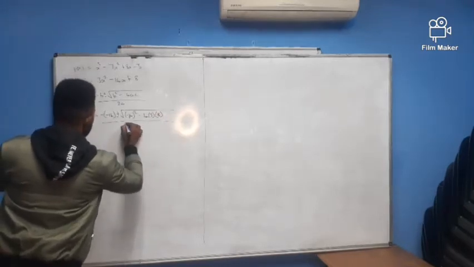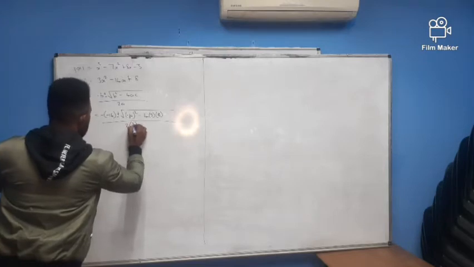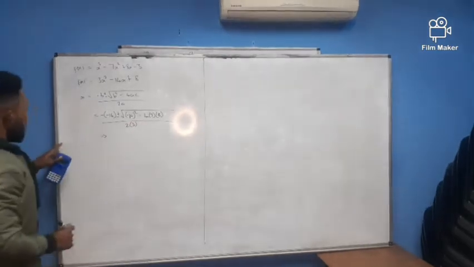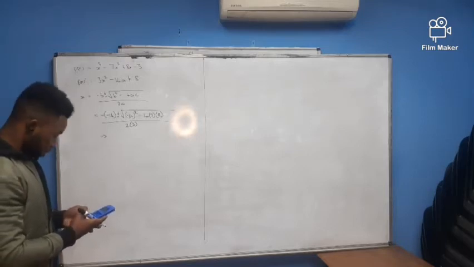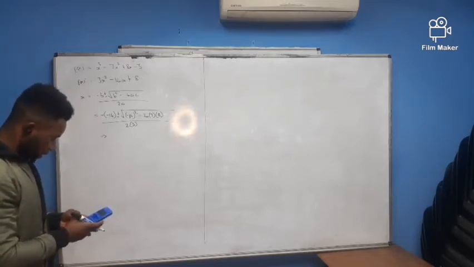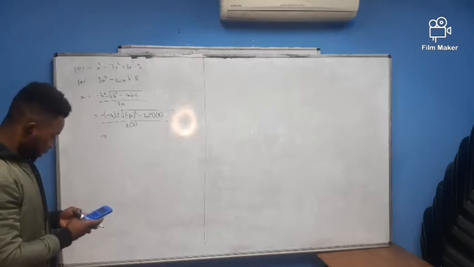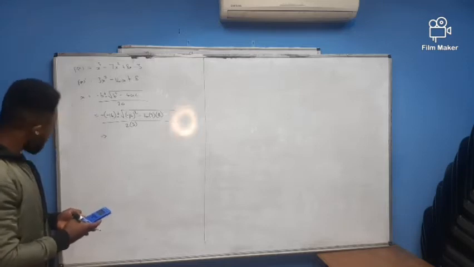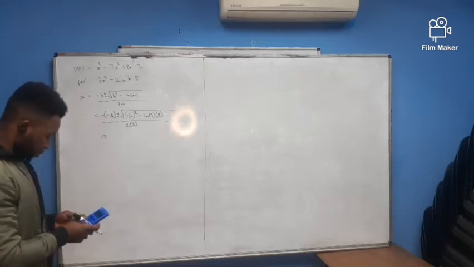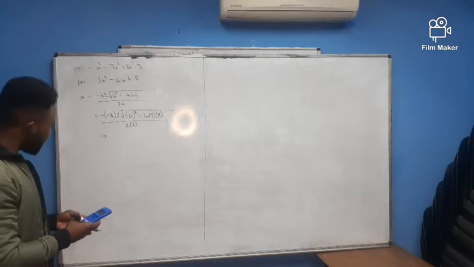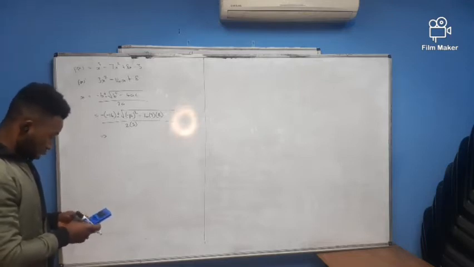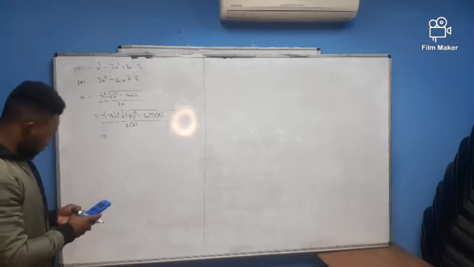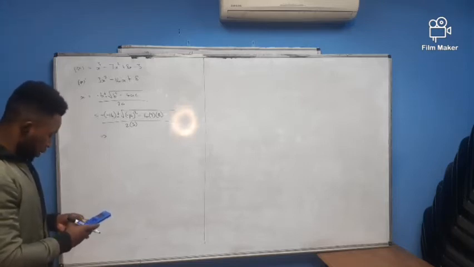Divided by 2, whereby my a is 3. Let me just punch in my calculator. So I have minus 14 close bracket plus the root of minus 14 squared minus 4 times 3 times 8, and then divided by 2 times 3.